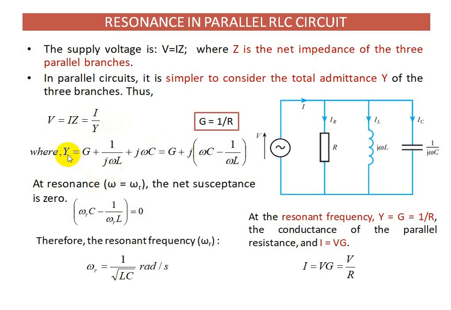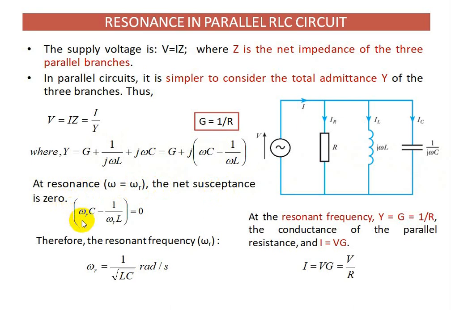Now the admittance can be written as follows: for this branch it is 1 by R, and 1 by R is nothing but G. I am writing G here, plus 1 by j omega L, and for this term, 1 by j omega C, which will be j omega C. This can be written as G plus j times omega C minus 1 by omega L. At resonance, that is omega equal to omega R, the net susceptance is 0.